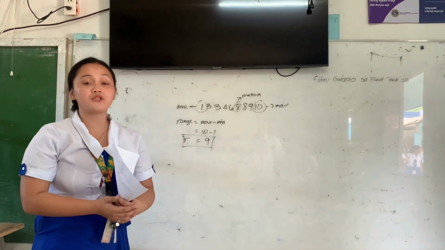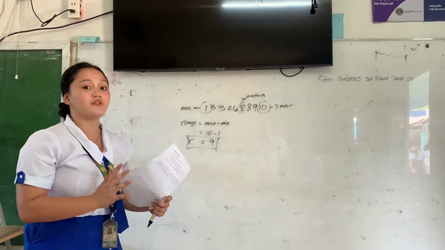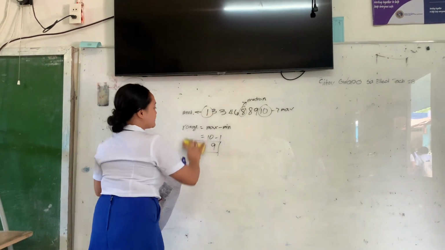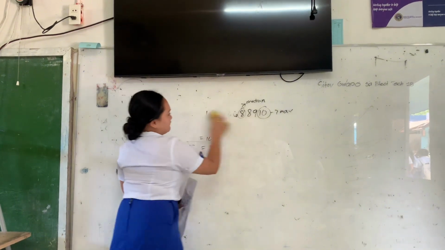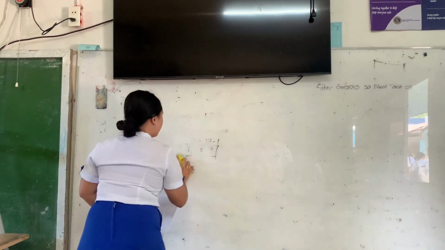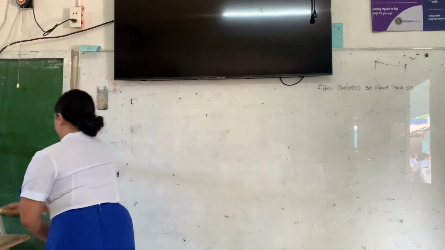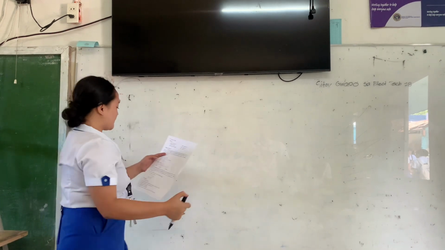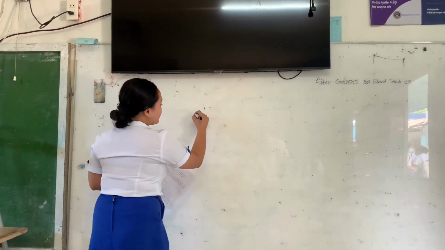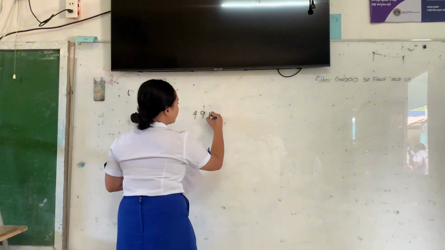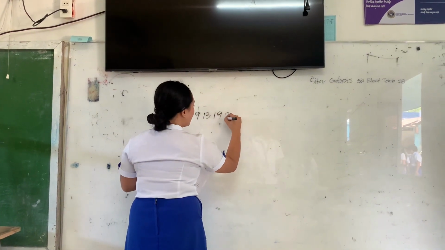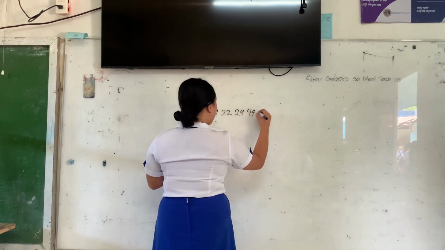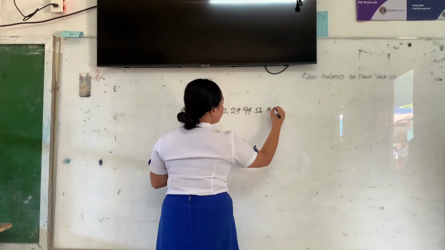Second, we'll go to the interquartile range and how to solve it. I will give you an example. The data is 4, 9, 13, 19, 22, 29, 44, 56, and 75.